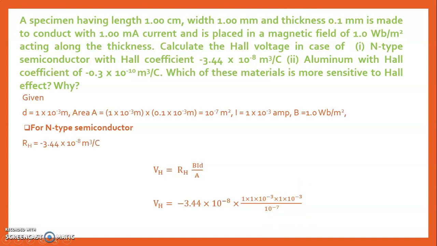When we calculate this, we get minus 3.44 into 10 raised to minus 7. We can shift the decimal and write this as 10 raised to minus 6 volt, that is microvolt. So it gives minus 0.344 microvolt.